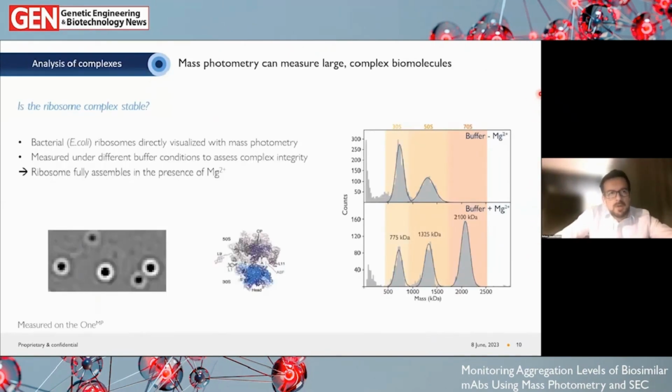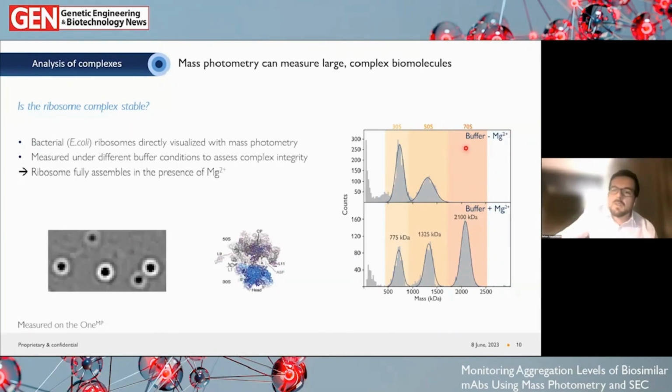So mass photometry itself, as I've mentioned already, you can use it for looking at the analysis of complexes. Here's a very simple example, looking at a large complex, in this case, the bacterial ribosome. The fundamental question is, what impacts the formation of the full complex?